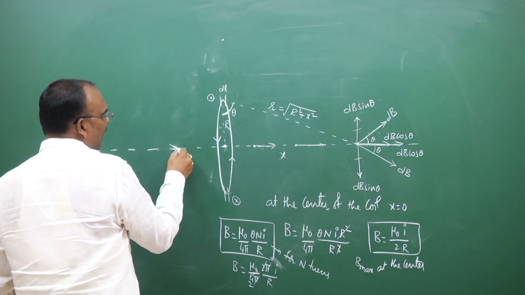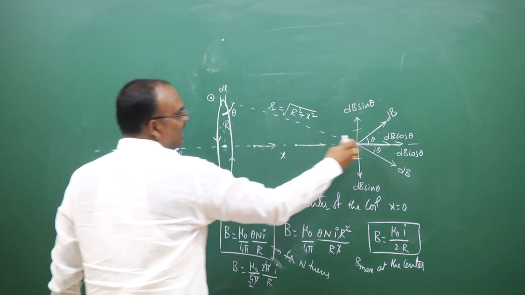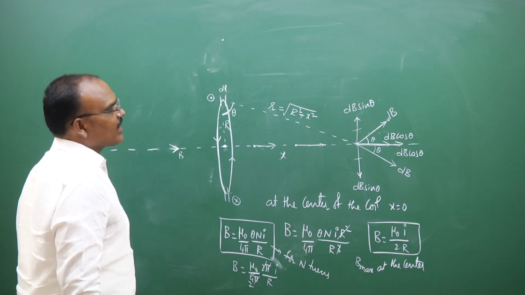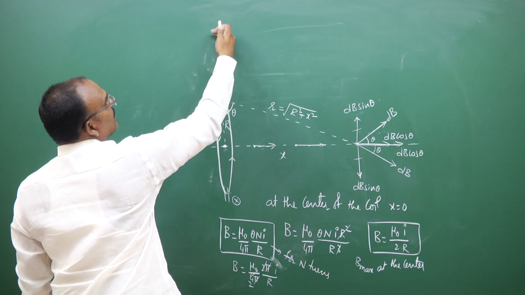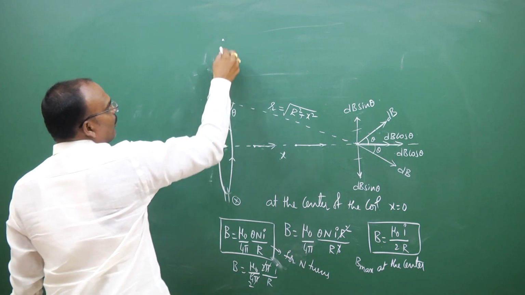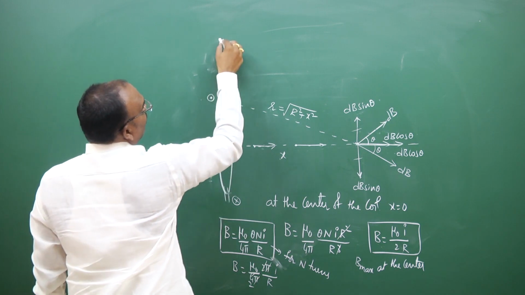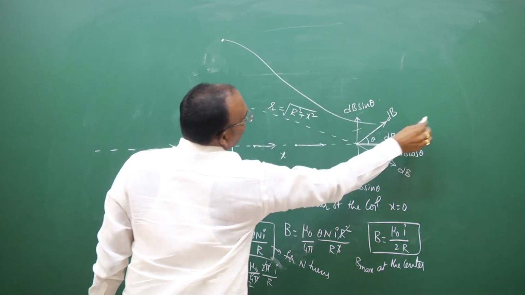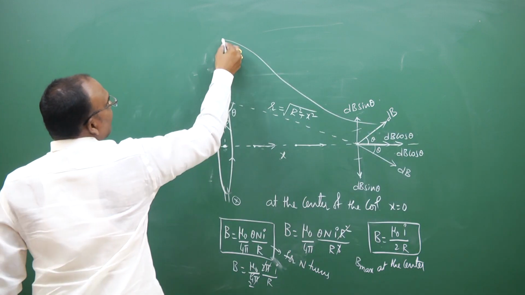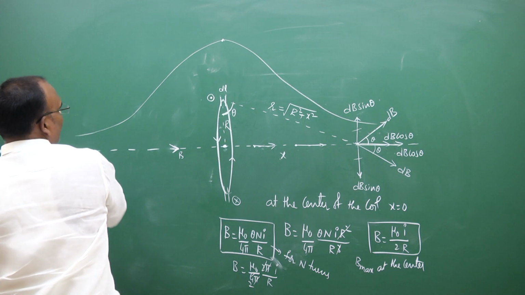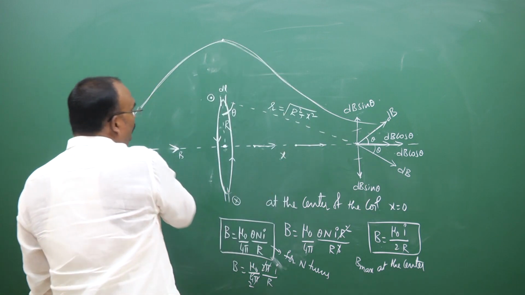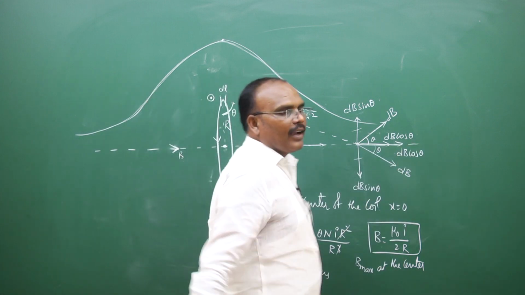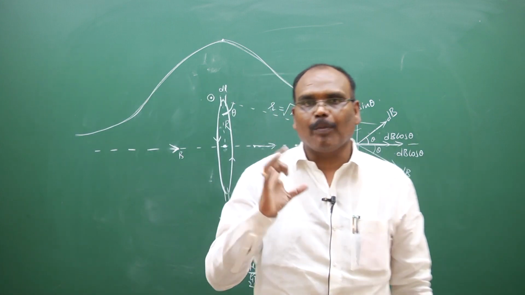Any vector in the direction of the positive x-axis can be taken as positive field. So positive field is represented in positive quadrants. The field is maximum at the center, and from here onwards the field decreases like this. This side the field decreases like this. So this is the variation of magnetic field along the axis of a current carrying circular loop.